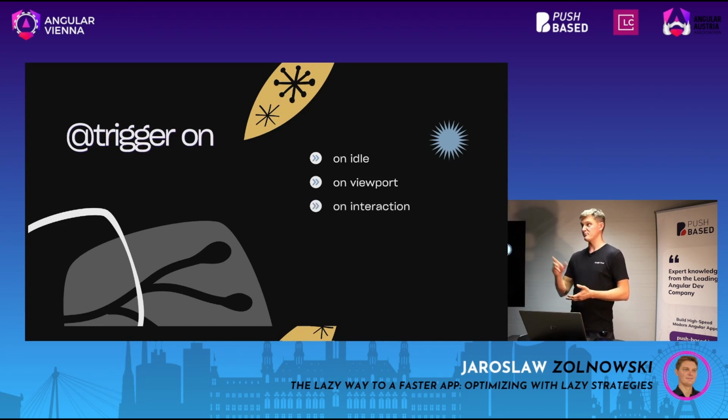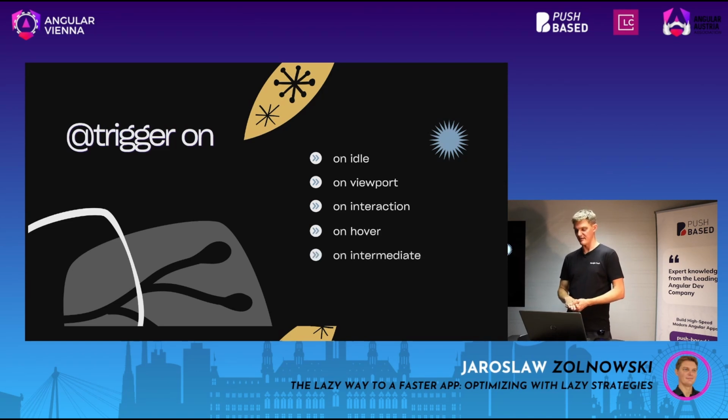On interaction, when the user clicks on some part of the page, the deferrable views will be loaded. On hover, very similar, but when we mouse over this part. On immediate, meaning right after all eagerly loaded content is fetched, so right after the eager components are loaded, we'll start to load the lazy loaded things. And on timer, after some given time.